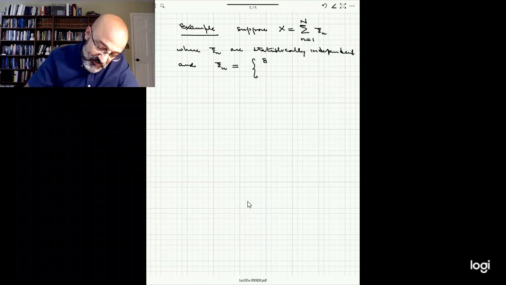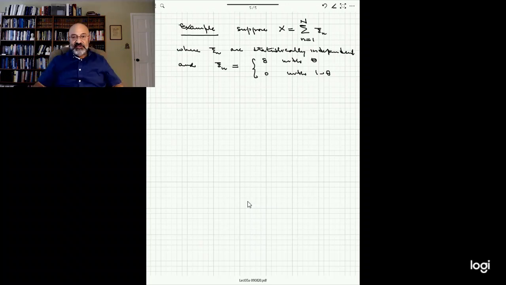So c is equal to epsilon with probability theta, and it's equal to 0 with probability 1 minus theta. So what you have here is a bunch of quantities that are very tiny, and the quantities can be epsilon or 0, and they happen with probability theta and 1 minus theta.